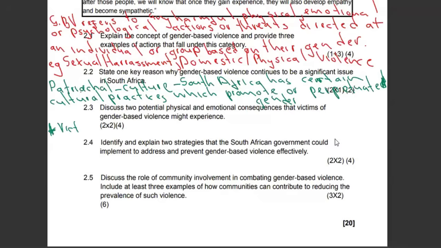victims might suffer from physical injuries, that is, getting injured. That is the first thing.